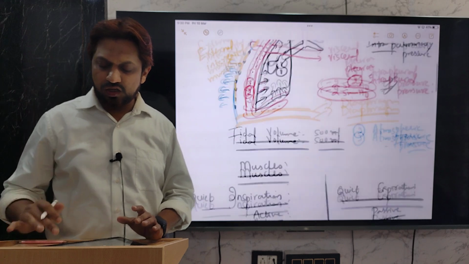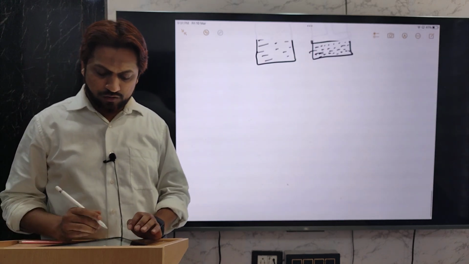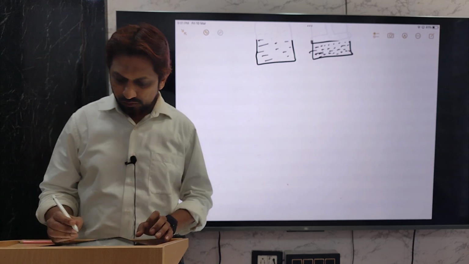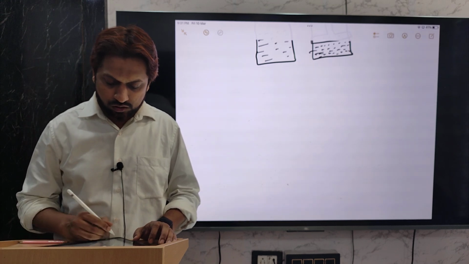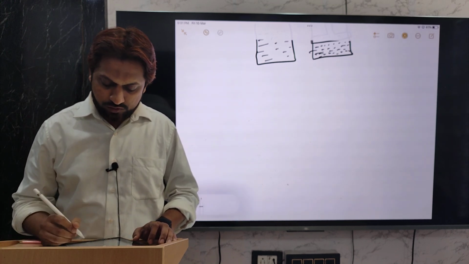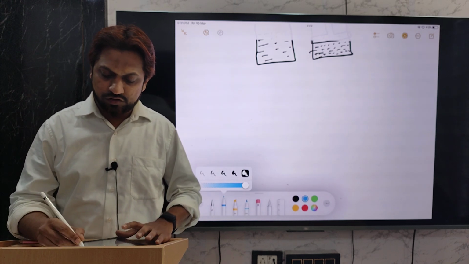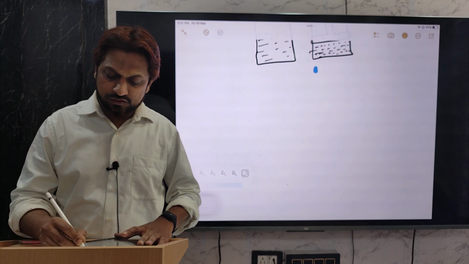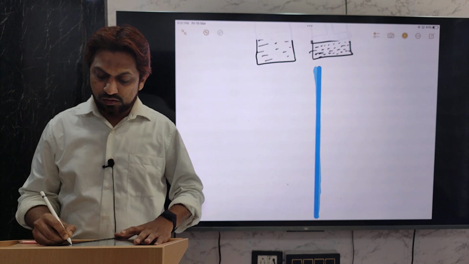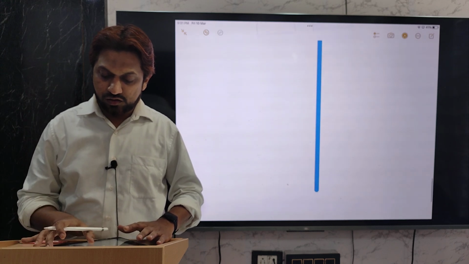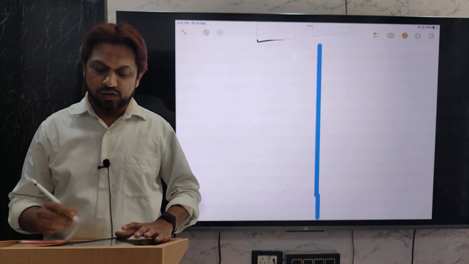I'll just draw the graph of changes in the pressure and volume, then the concept will be more clear to you. First we'll draw one thicker straight line which will separate inspiration from expiration.